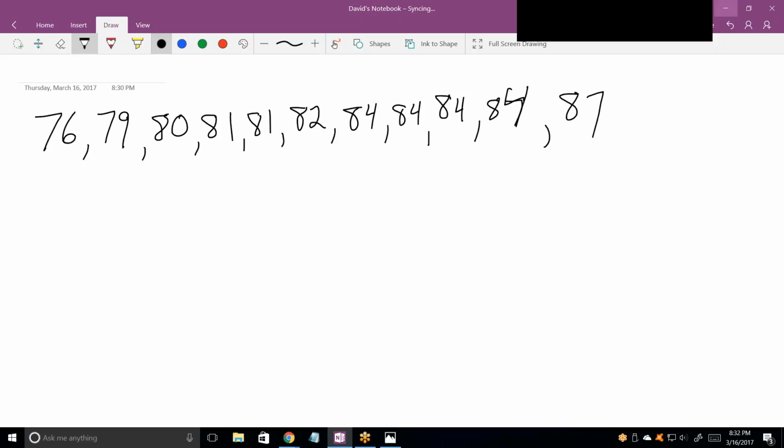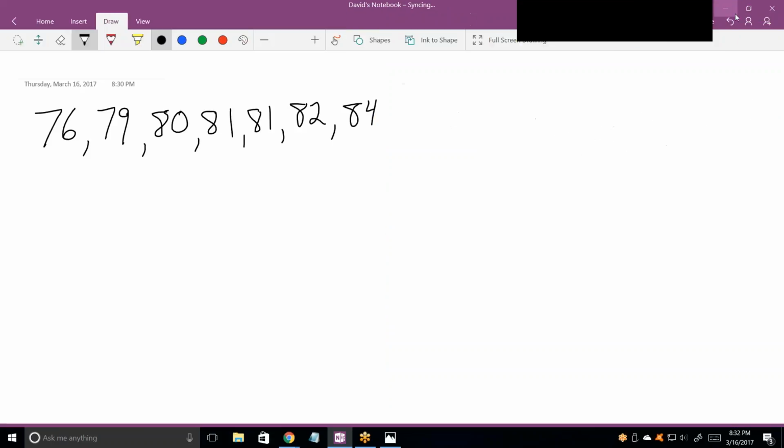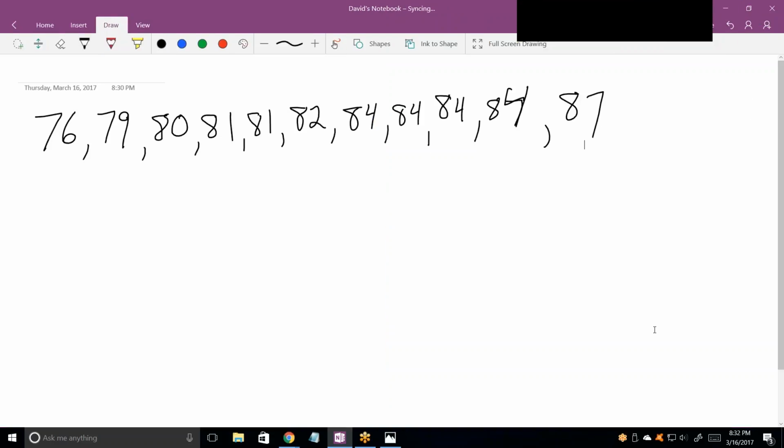Now, the things they wanted were range, mean, median, and mode. What's the range? 11. Range is the distance between the lowest and the biggest. Oh, that is 11. Excuse me.